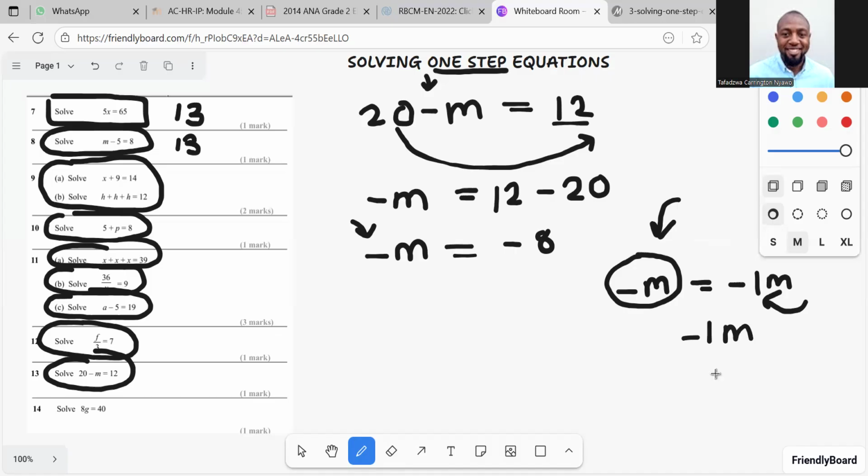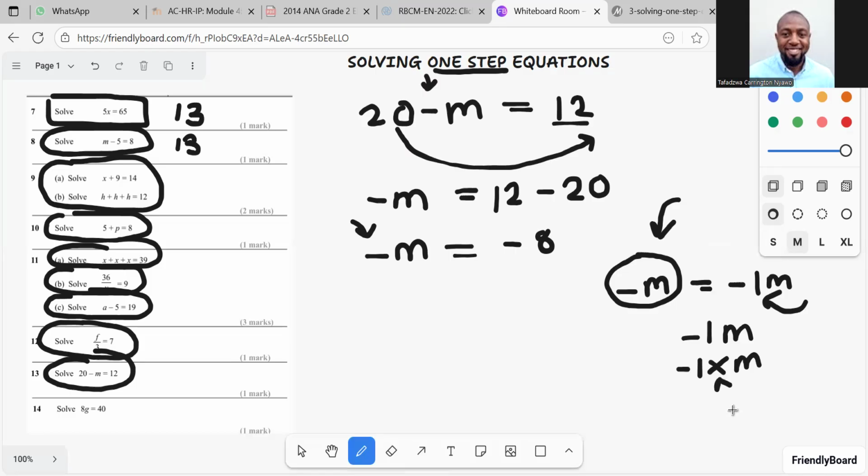Negative 1m means negative 1 times m. That's what it means. So it means that the operation that is here is multiplication.